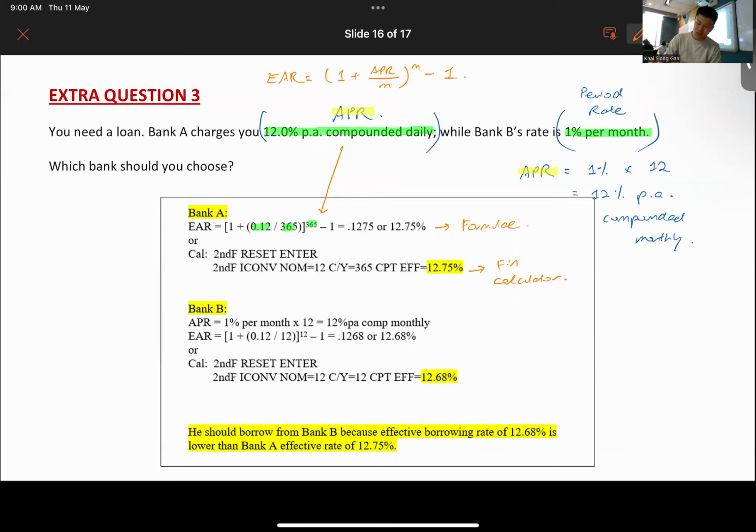So how do you use the calculator method? First you must press second, reset, enter. Second, reset, enter. And then after that, you have to press second, icon.